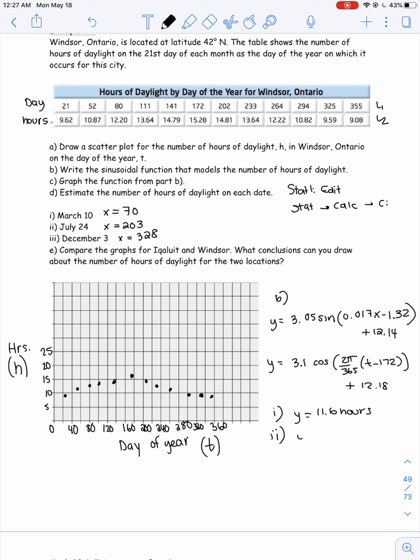For July 24th, if you plug in 203 into t, you should find that the y coordinate is 14.8 hours of daylight. And for December 3rd, if you plug in 328 for t, you should find that the y value is 9.4 hours.